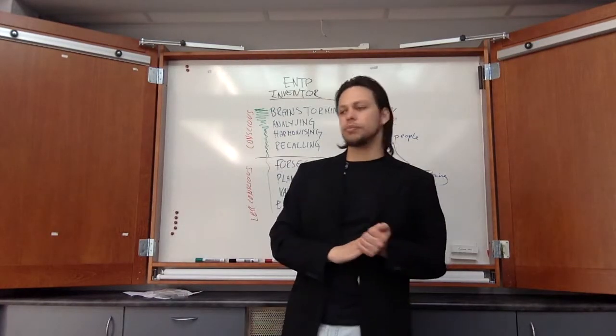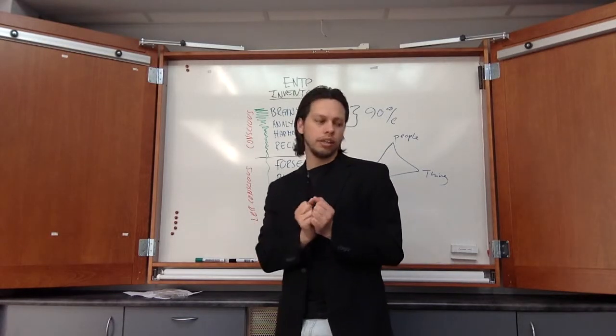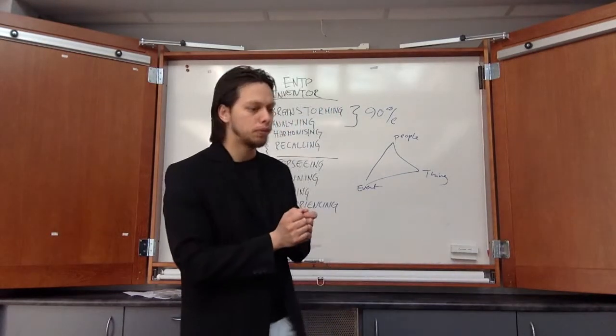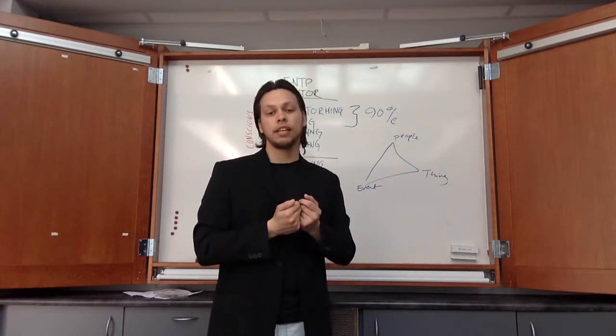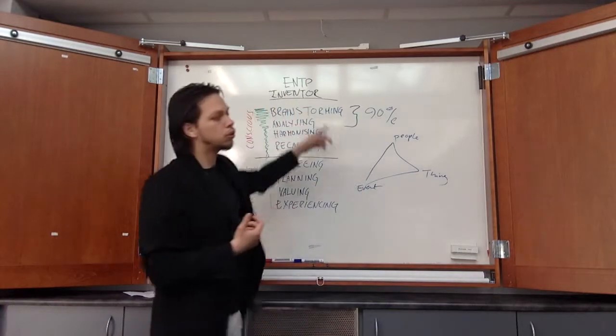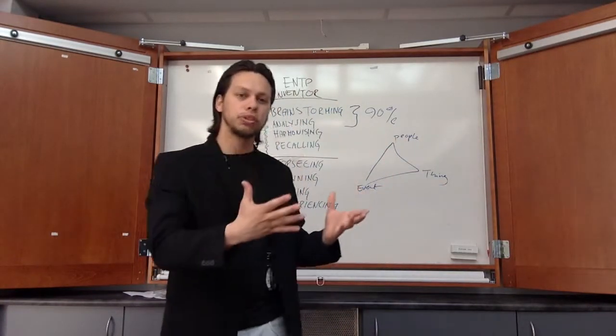When a person uses recalling, they hold fast to what has worked in the past, and since ENTP uses brainstorming, they are not really going to hold to the past. They're just driven towards the future.